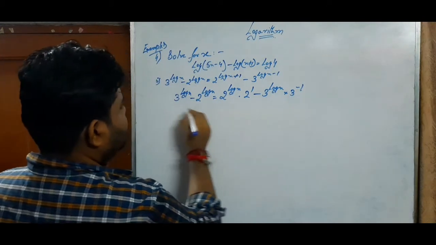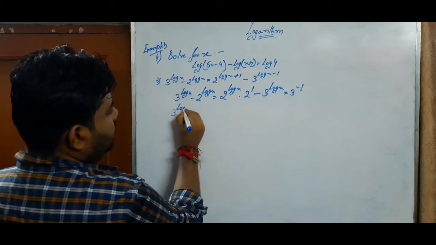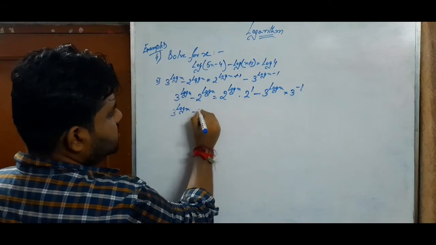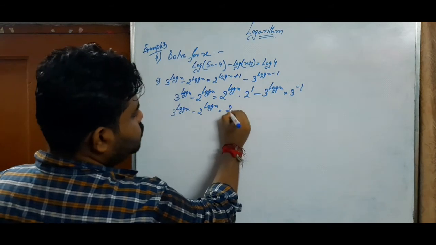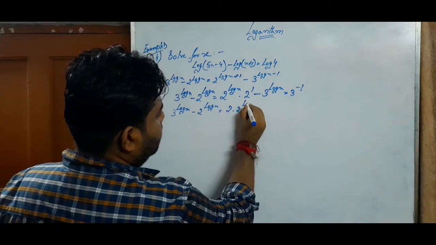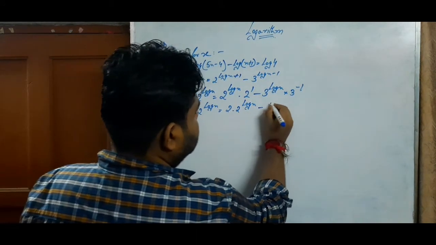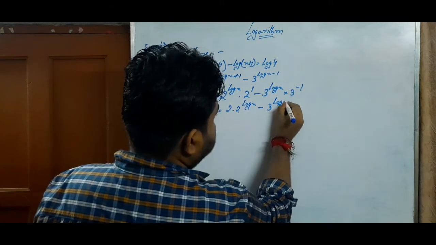Minus 3 to the power log x minus 1, we can write 3 to the power log x minus 2 to the power log x into 2 to the power log x minus 3 to the power log x by 3.